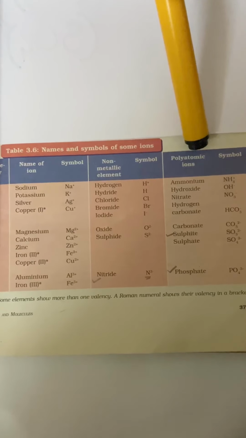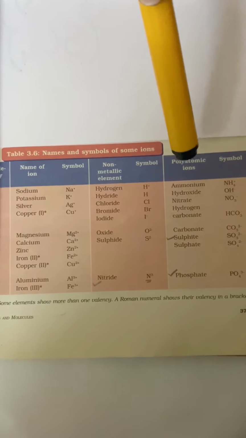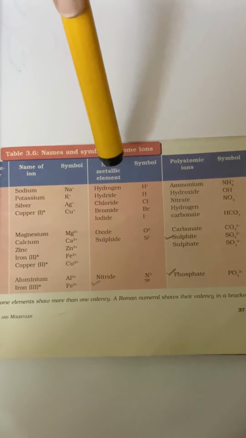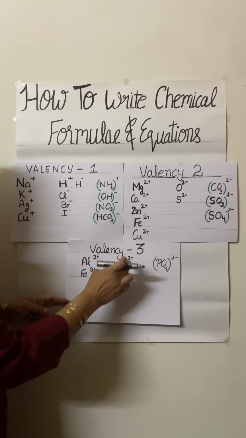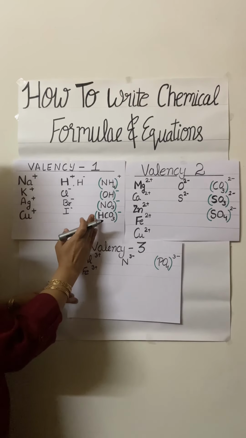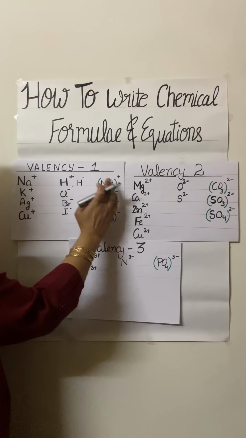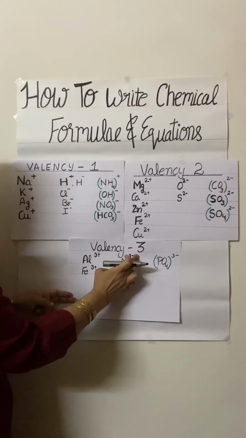Let us look at this table very clearly and let me give you some tips on how to memorize it. Tip number 1: make 3 columns in your copy and segregate all the elements in 3 columns: valency 1, valency 2 and valency 3.